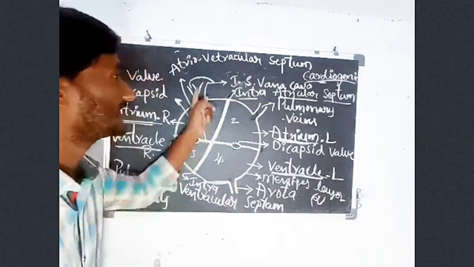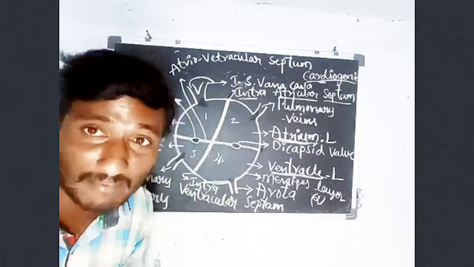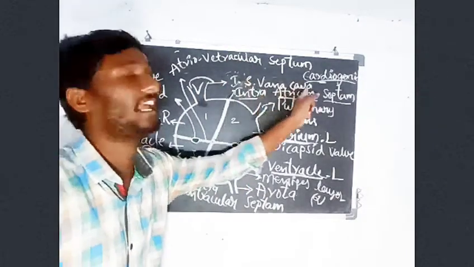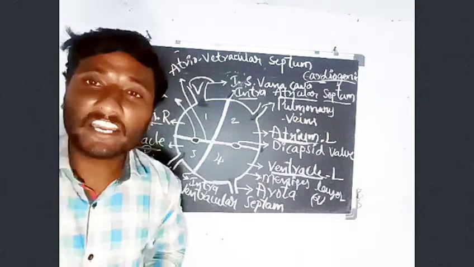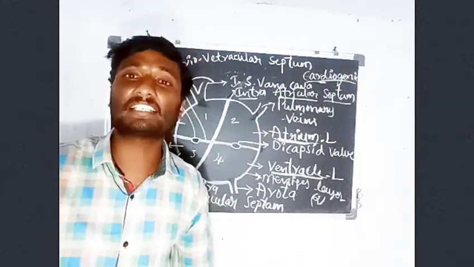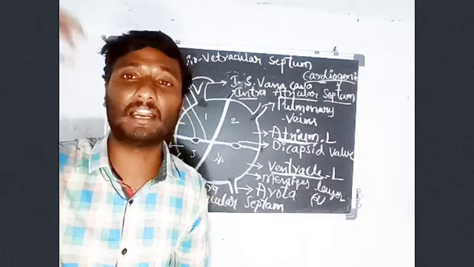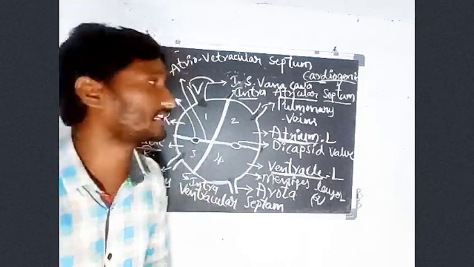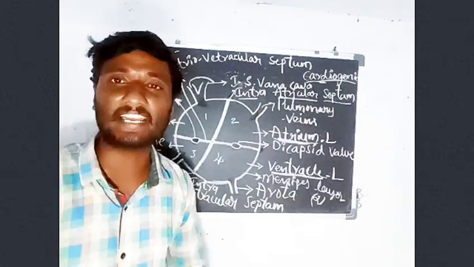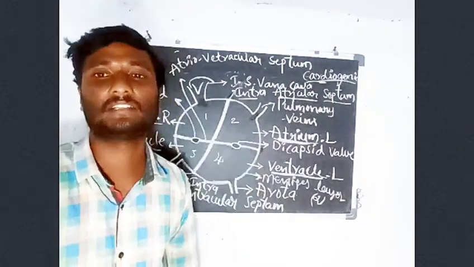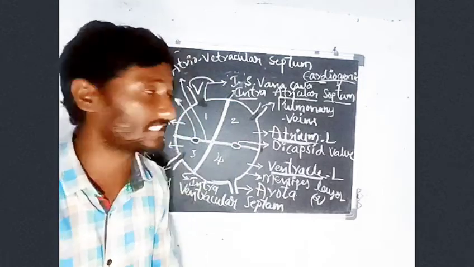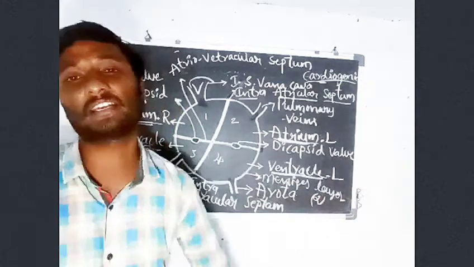The vessels collecting deoxygenated blood are called the inferior and superior vena cava. The blood vessel that brings deoxygenated blood from the lower part of the body is called the inferior vena cava, and the one from the upper part is called the superior vena cava.